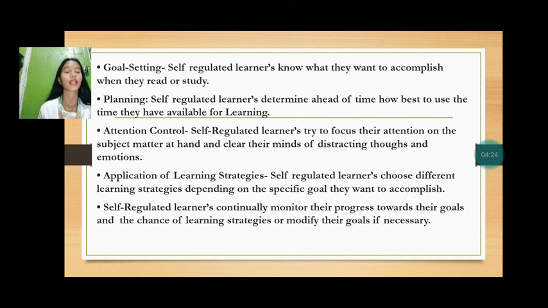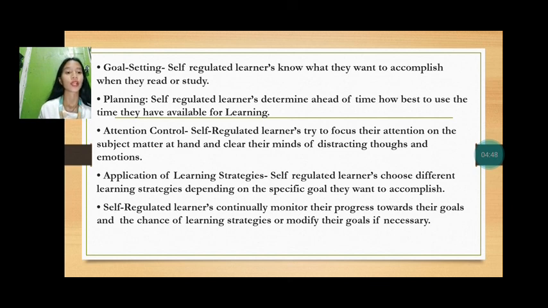The next one is planning. Self-regulated learners determine ahead of time how best to use the time they have available for learning. They create a plan on how to manage time to make learning possible. The next one is attention control.